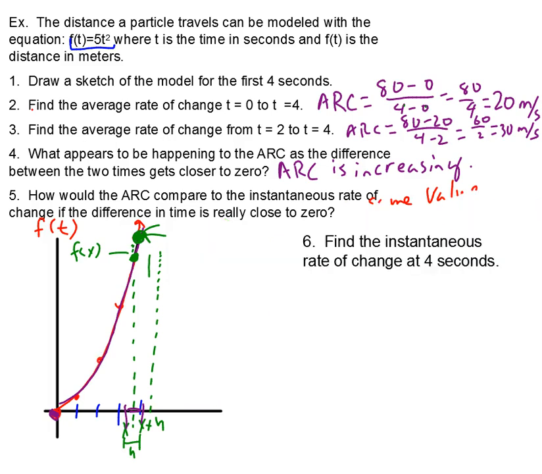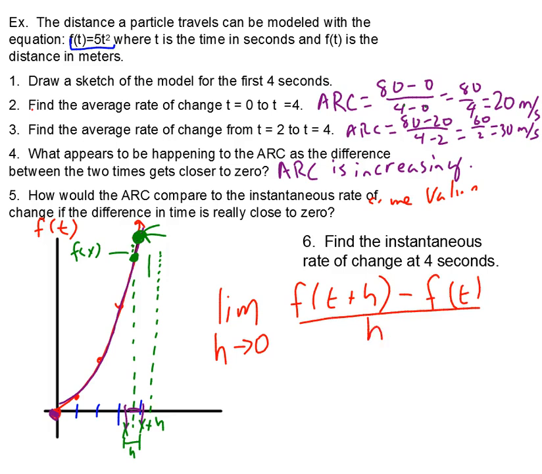Suppose I have to find the instantaneous rate of change at 4 seconds. Well, to do this, I'm going to use this idea of the limit. I'm going to take the limit as h approaches 0 of, not x plus h, but f of t plus h minus f of t over h.